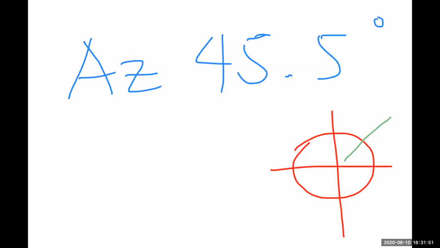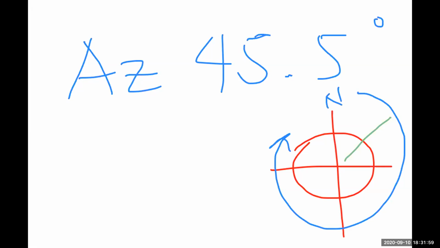Because as we discussed, azimuth is always in relation to north, and it is measured in the clockwise rotation. So 45.5 degrees away from north in a clockwise rotation would fall where that green line is, approximately.